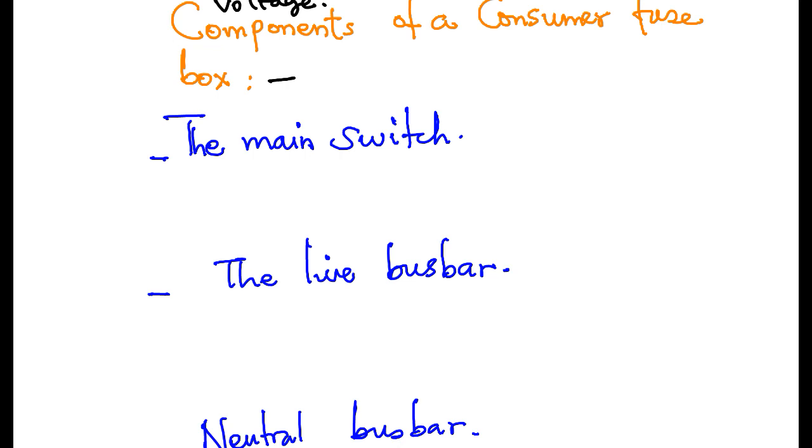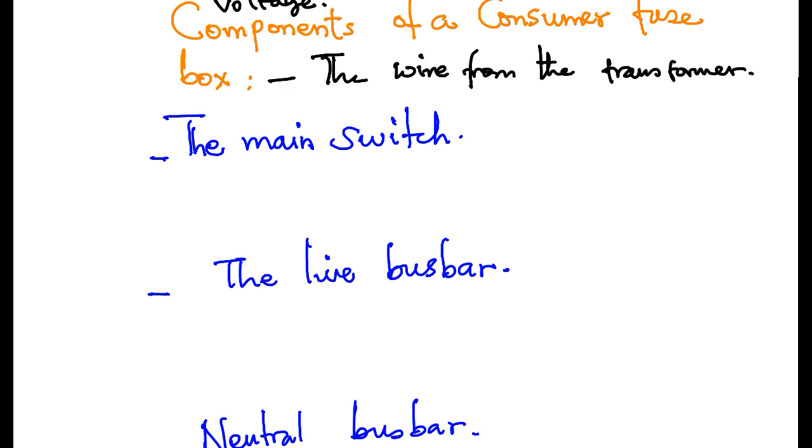So we say that the wire from the transformer has two components: live wire and the neutral wire.